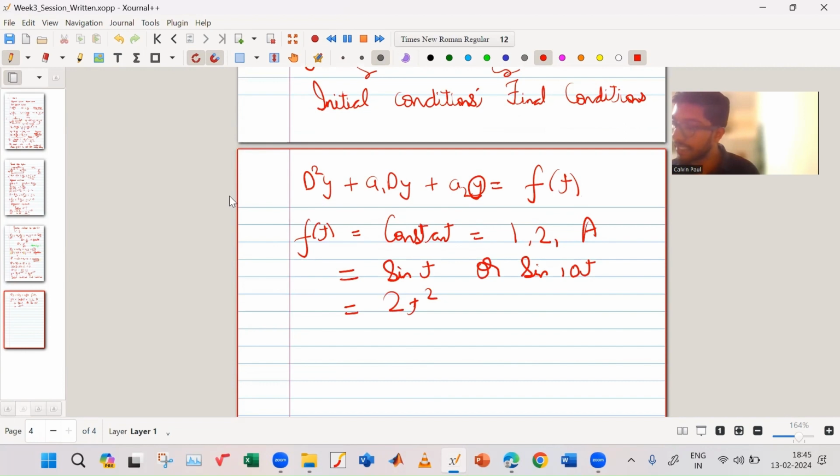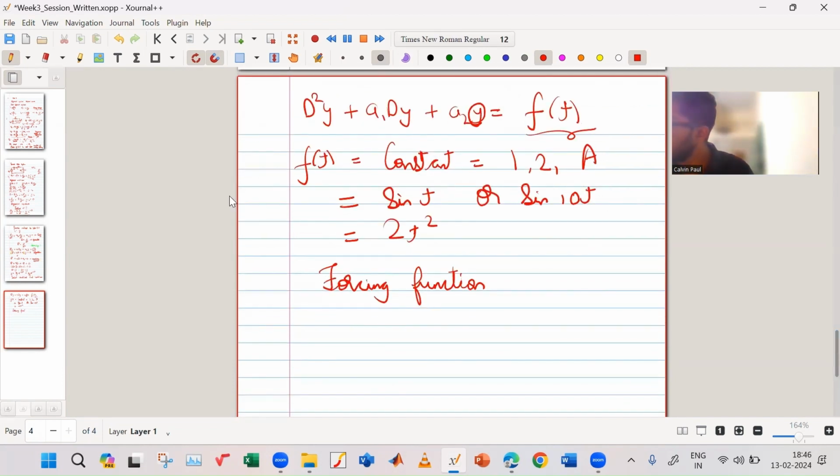Now in this case, there is f of t. This f of t is also known as your forcing function. To solve this, your solution y of t, the solution of your differential equation, will have two parts.